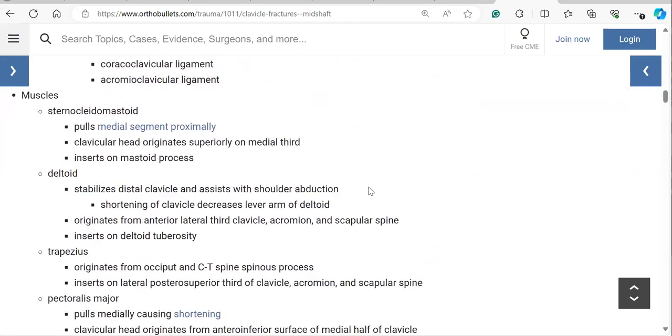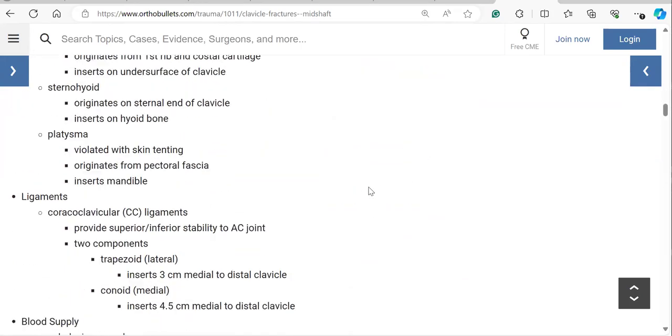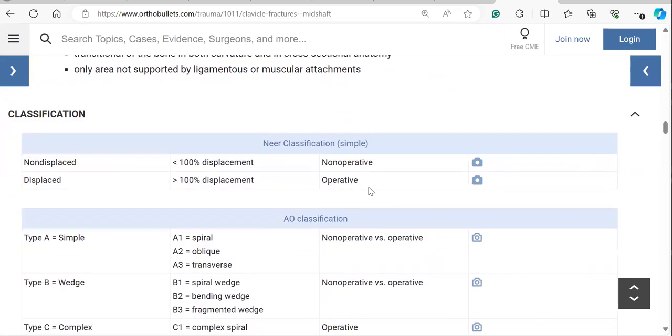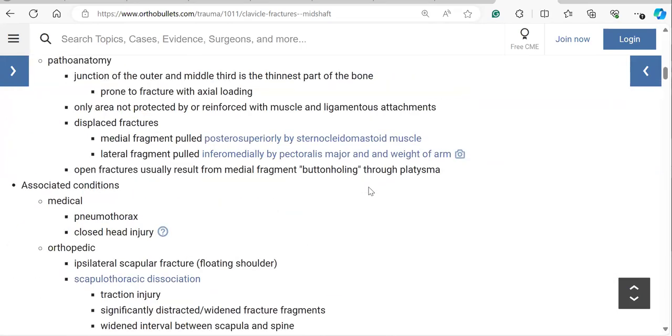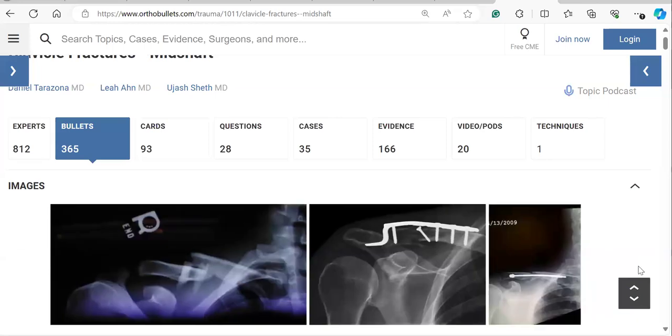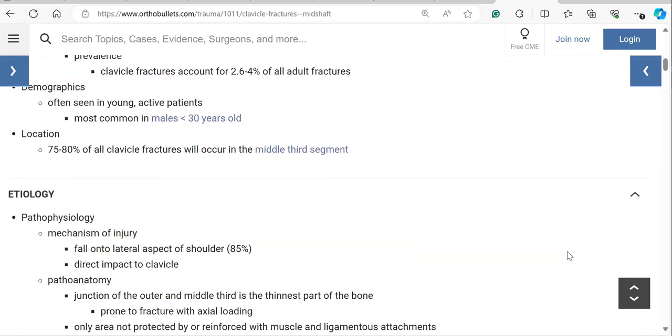One of the things that we look for in these patients, especially if a patient has a clavicle fracture, is whether there is any step deformity. So what is the step deformity? Let's see if they have shown any picture. No, they haven't.